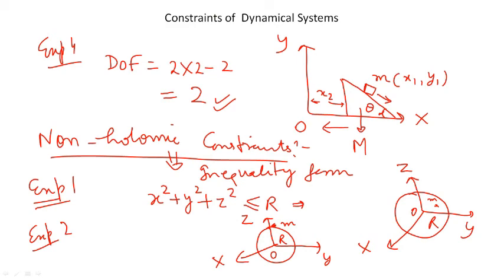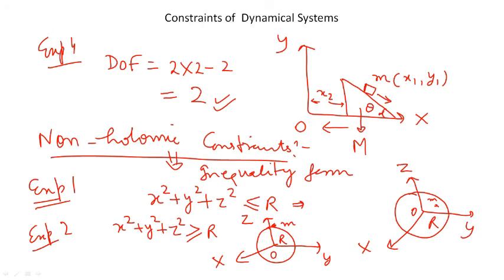Now if this particle m moves from the surface of the sphere, then the condition here will be x square plus y square plus z square is greater than or equal to r square, because the condition x square plus y square plus z square equal to r square holds when it is moving on the surface of the sphere, but after some time it will leave the surface of the sphere.